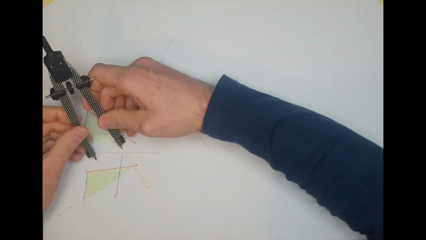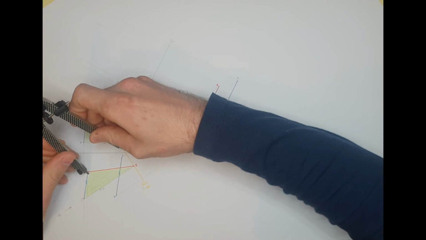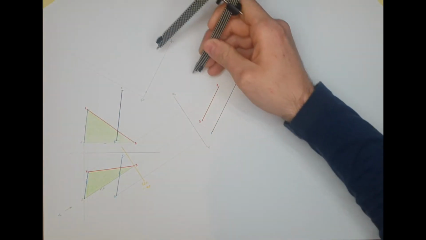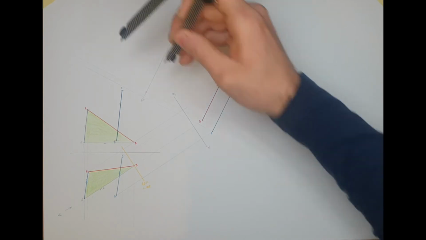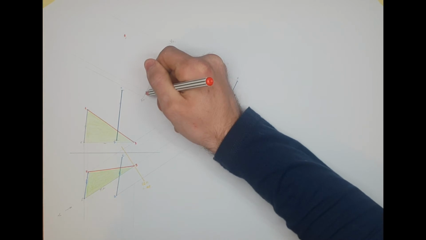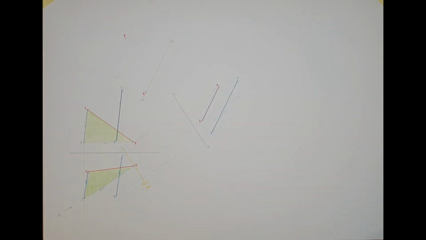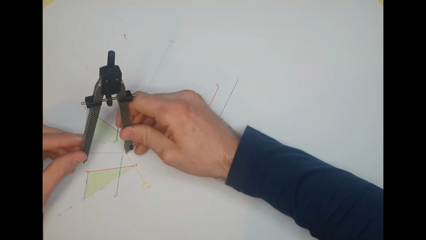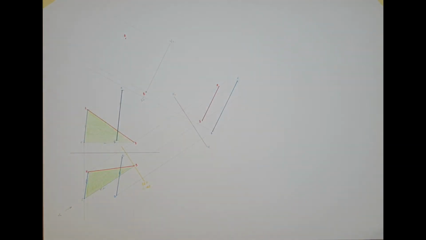Working out to point A, and up to A. Okay, and I like to label as I go because I think it's the safest way to do it. Just make sure that if we have lots and lots of points to take, we won't make a mistake along the way. Point C is here.